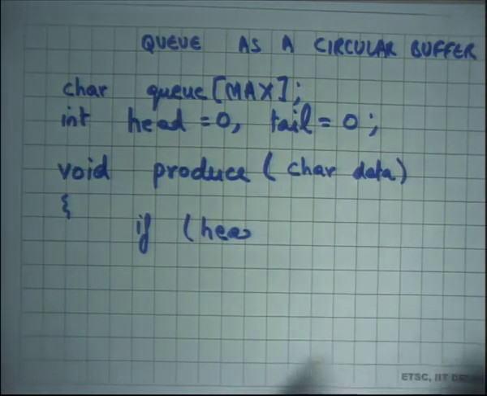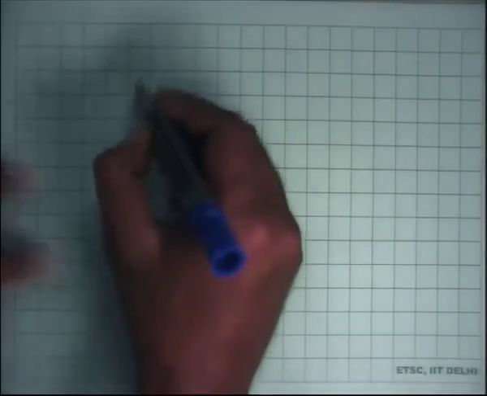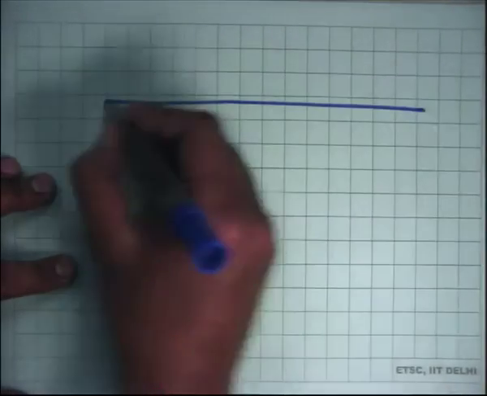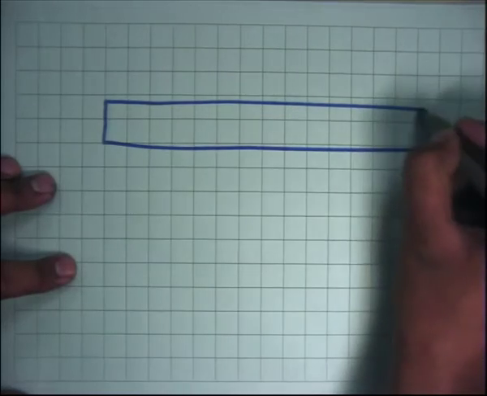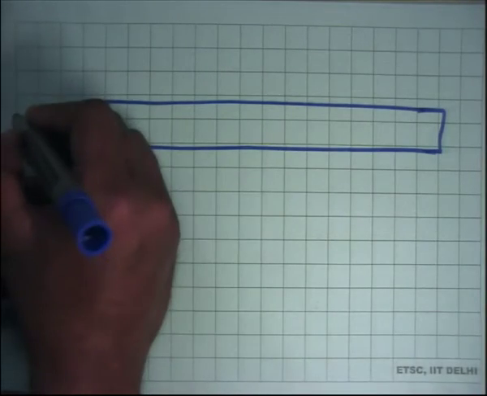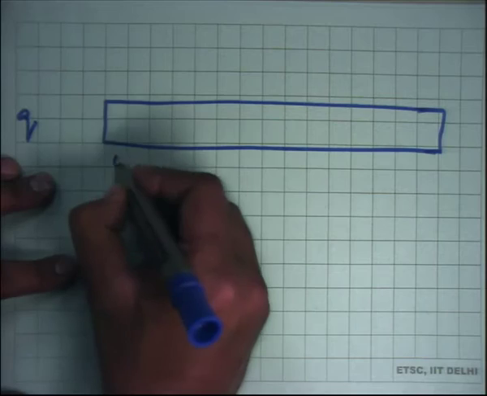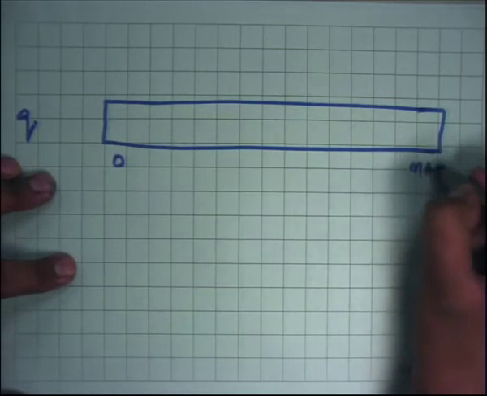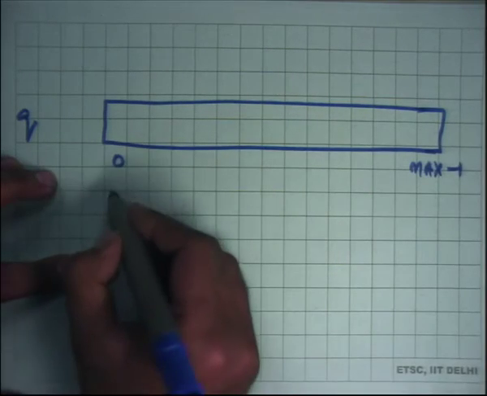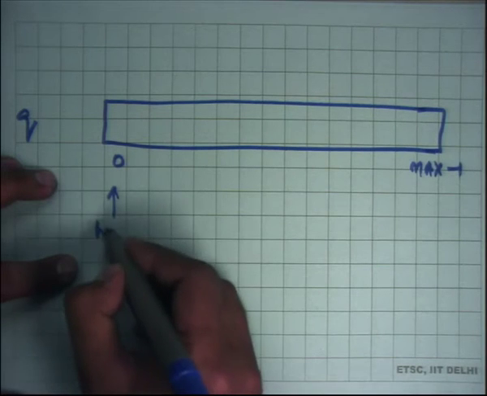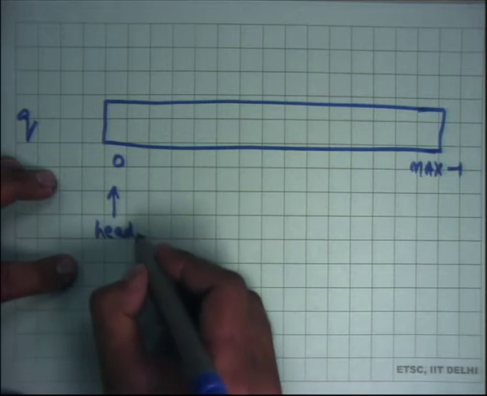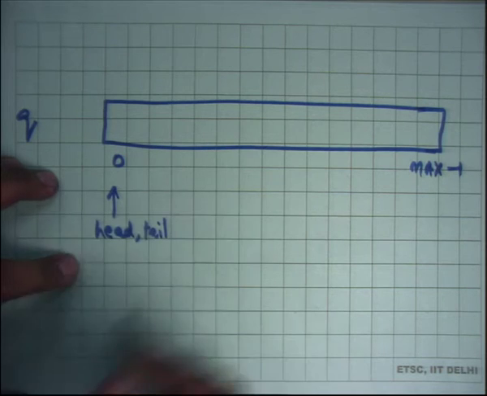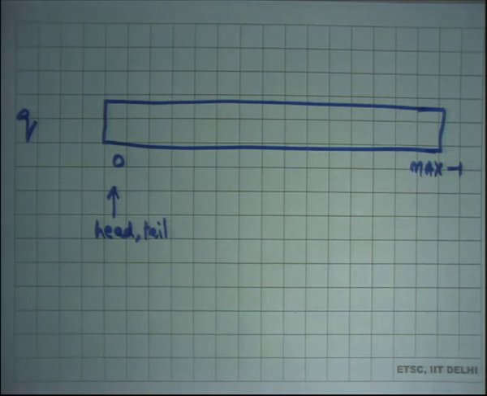So let me first draw the queue just to make sure we understand this. Let's say this is my array, this is q, and this is element 0 and this is element max minus 1. Initially this is head and this is also tail. Now when I produce something, I am going to increment head.